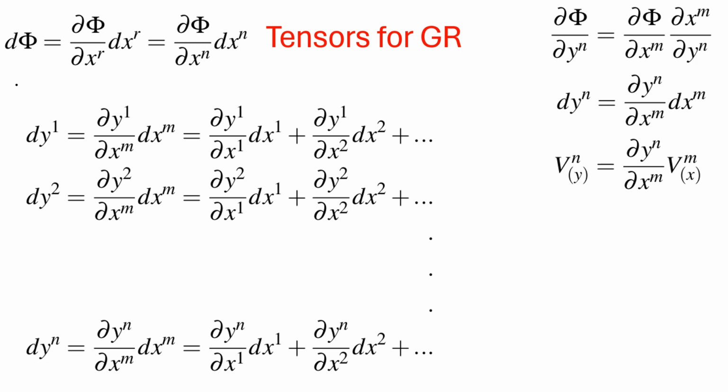And this is how a generalized representation of tensor Vn that depends on variable y is equal to del yn upon del xm into Vm, which is function of x.